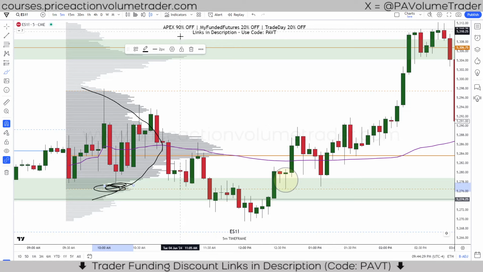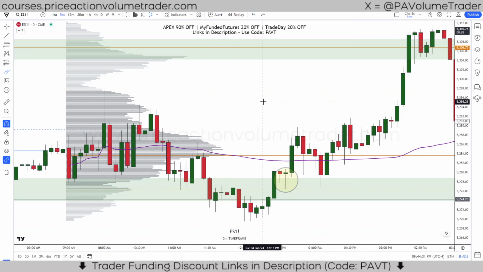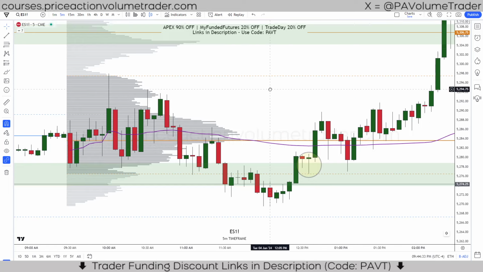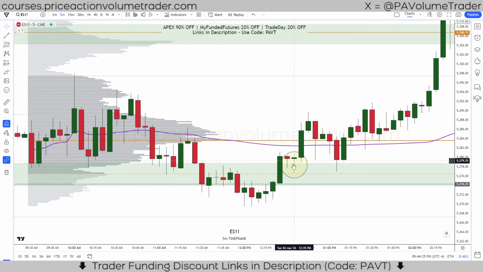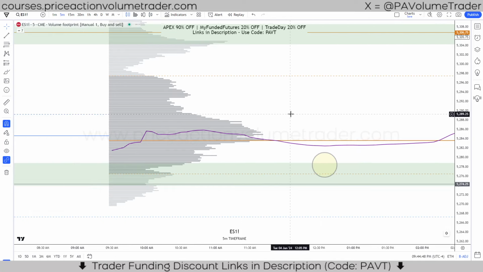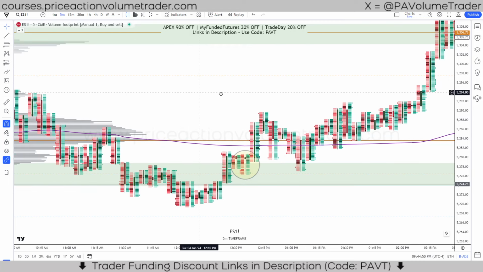and we were coming back into this cut in volumes. So now let's turn on the footprint indicator and look at this pin bar candle that we made on the 5 minutes, where we tested this support, resistance, broken, and now support again from on top. So we put in the footprint chart.